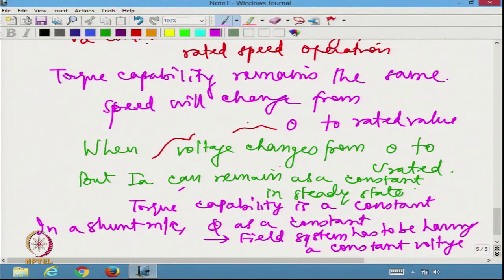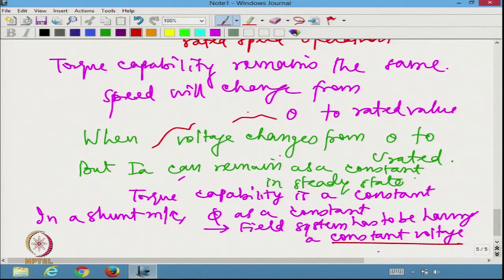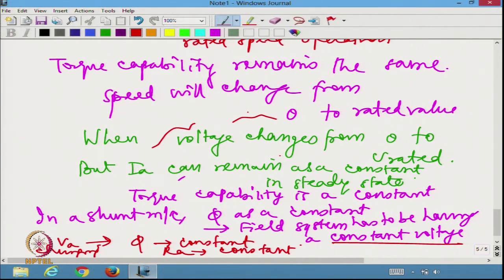If you do not give a constant voltage, flux cannot be a constant. So, whenever you are varying only one of the values, maybe VA you are changing, at that point you have to have flux as a constant and RA also is a constant. We do not want to vary all the three things at a time. If VA is changing, then we want to keep flux and RA as constants.